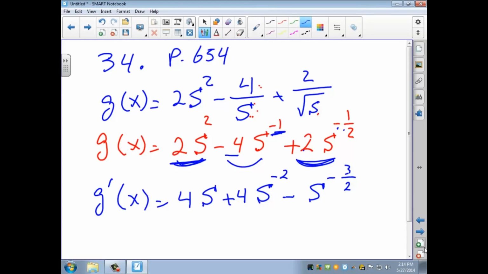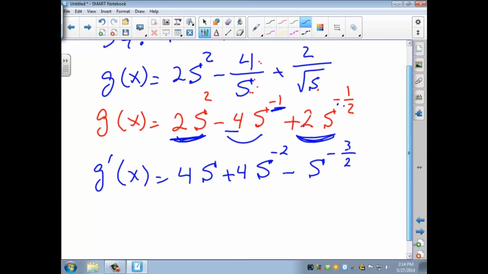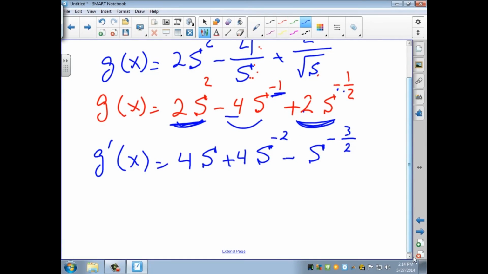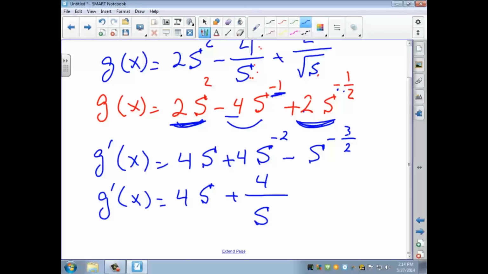A lot of times it will tell you that you should not write it with the negative power, negative exponent, when you're simplifying a function. So we deal with that by putting it in the denominator. So g prime of x therefore would be equal to 4s, and here would be plus 4 divided by s squared.